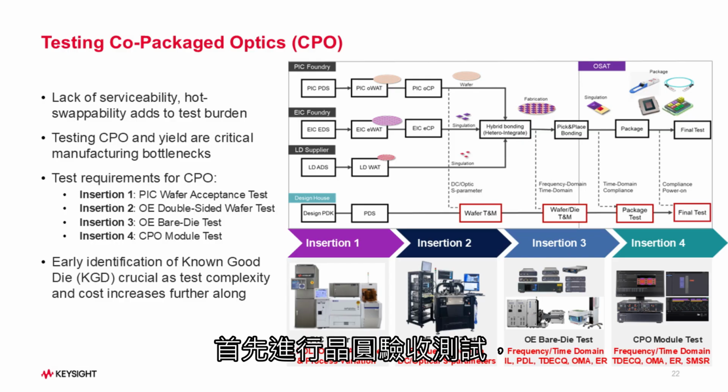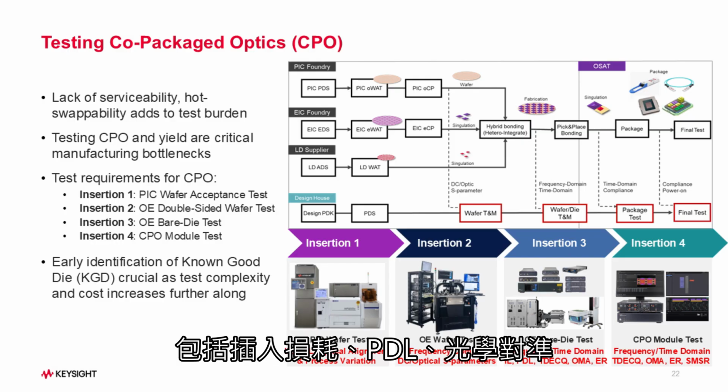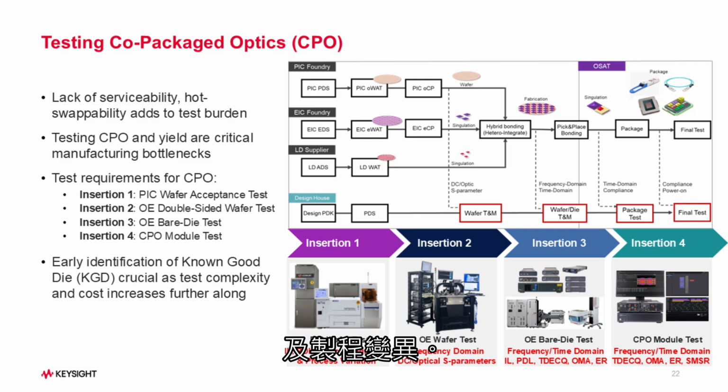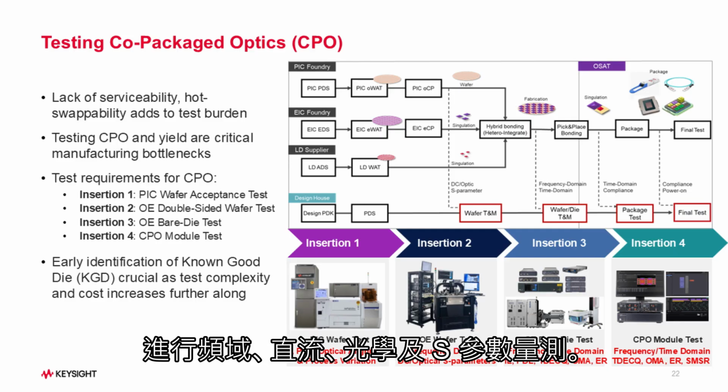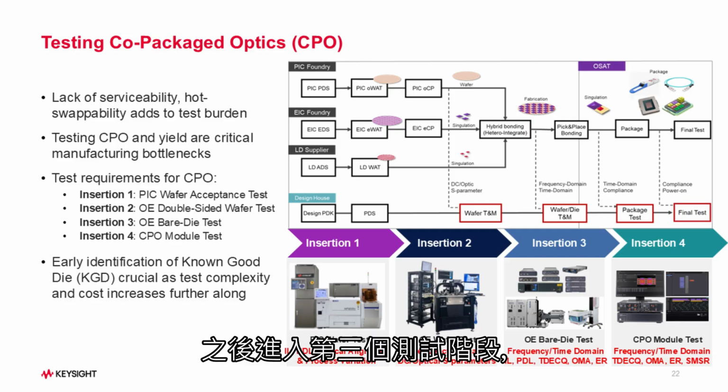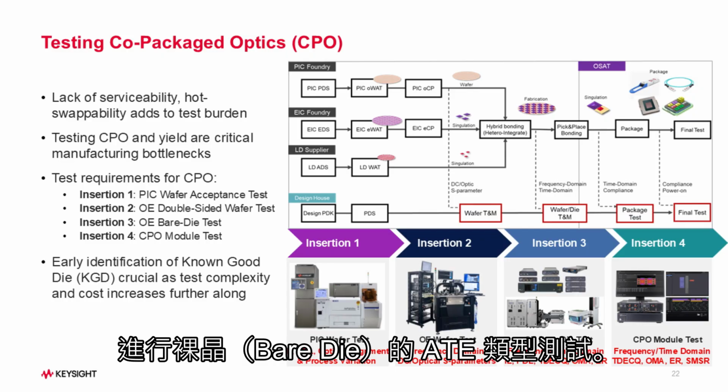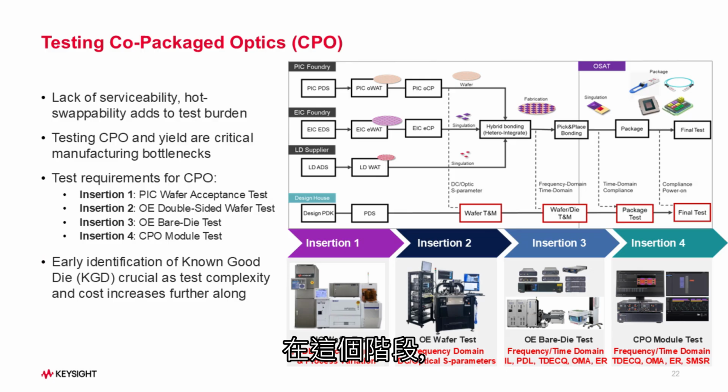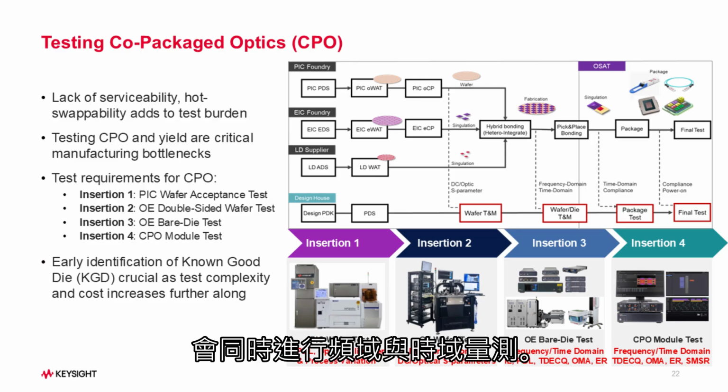So we start with wafer acceptance testing, we do insertion loss, PDL, optical alignment, process variation. Then we go to sorting, and we're doing frequency domain measurements, DC optical S parameters. Then we go to the third stage, or insertion 3, where we do bare die ATE type testing. And in this insertion, we're doing frequency and time domain measurements.